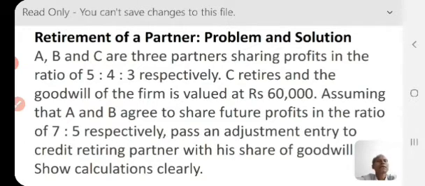C retires, and the goodwill of the firm is valued at 60,000. Assuming that A and B agree to share future profits in the ratio of 7:5, respectively.